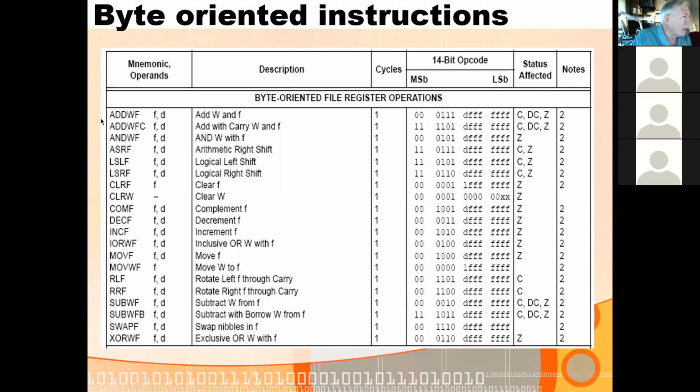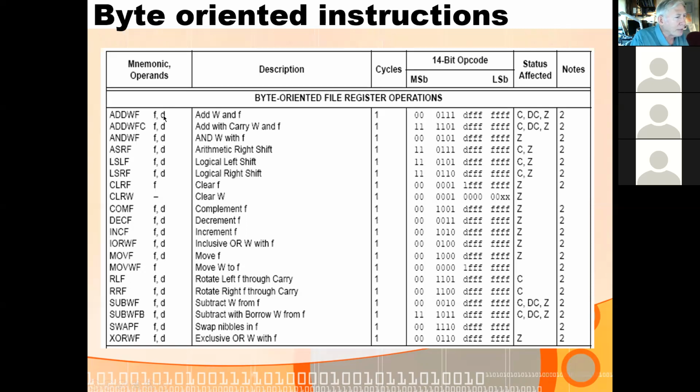So if you want to add something to a memory location, you're adding the contents of the W register with the contents of a memory location or a special function register, and then you're going to store it. Now, where are you going to store it? It turns out this second operand tells the instruction where to put the results.